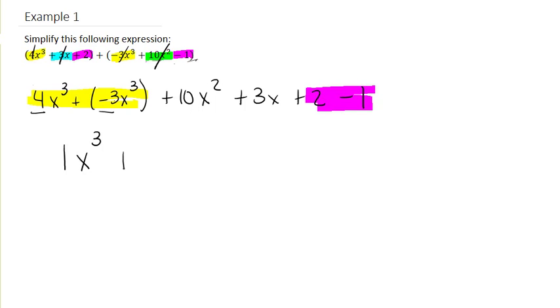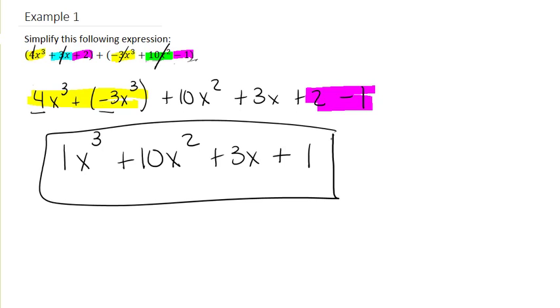Next, we have plus 10x squared. We'll leave as is, as we can't combine it with any other numbers. Then we have plus 3x, and then we have 2 minus 1, which is just equal to plus 1. And so this would be our solution by simplifying this following expression above.